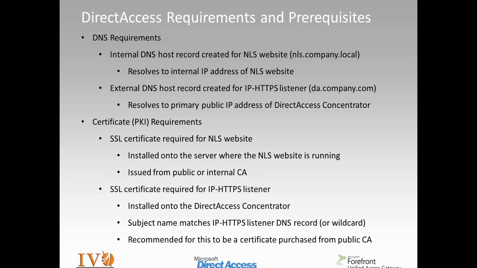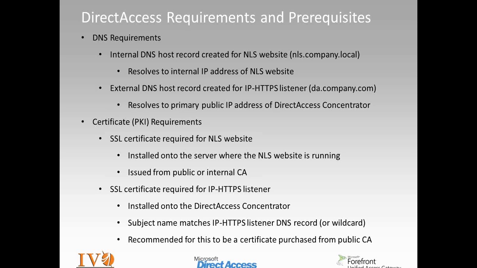And IP HTTPS is essentially a way of taking DirectAccess packets and making them HTTPS traffic so that they can flow through restrictive firewalls. Maybe you're at a hotel that only allows ports 80 and 443 for internet access. DirectAccess can still work in that situation by wrapping the packets up inside IP HTTPS headers.